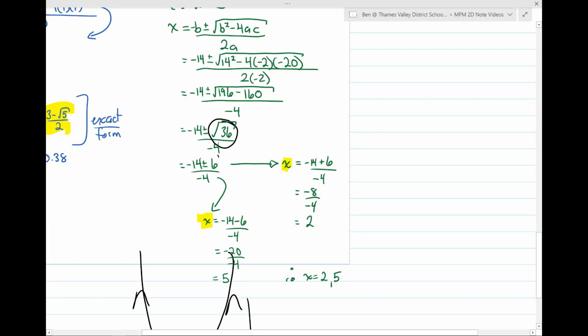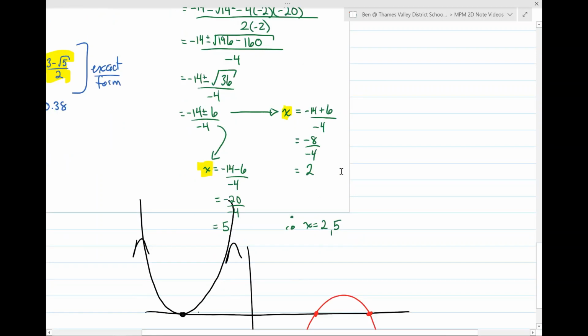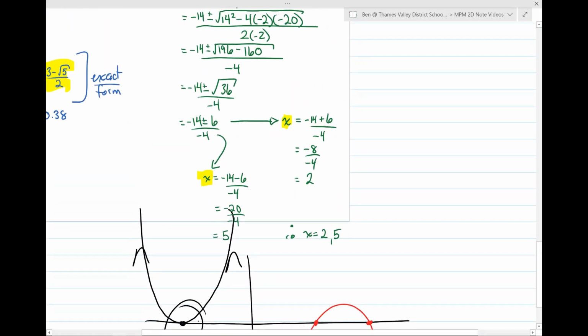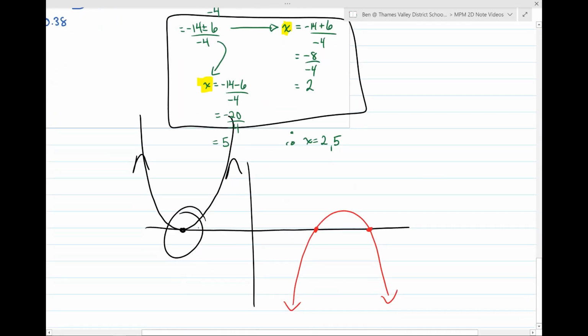If it equals 0, then we'll have a plus or minus 0. And if we have a minus 0 or a plus 0, we're going to end up with the same answer. So in that case, if we have only one solution, our quadratic equation itself will come out to just one answer right up here.